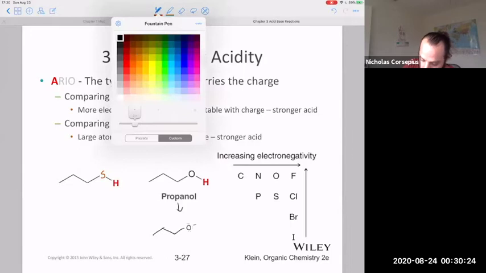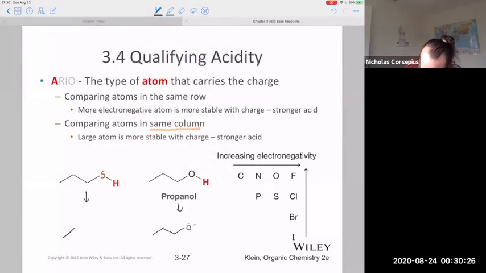So again, if I'm going to draw my conjugate base, I would see that that negative charge is now on the sulfur atom in my conjugate base. So when they're in the same column, as with sulfur and oxygen, it's actually the larger atom that's more stable. So it's a size argument then. The bigger the atom is, the further away its valence electrons are, and so the more room they have to spread out, there's less electron-electron repulsion. So bigger atoms are more stable holding a formal charge than smaller atoms.